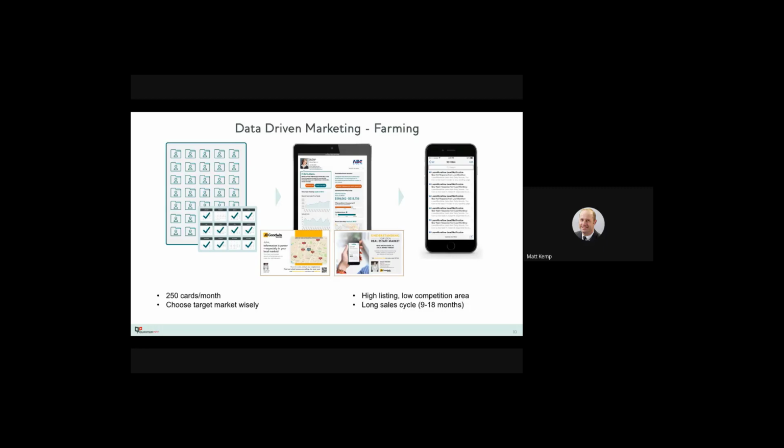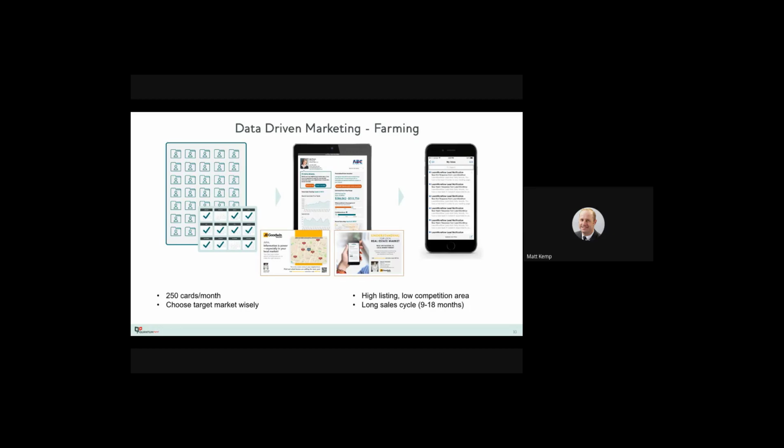The way the leads work is, as you can see on this card, there is a QR code and a URL that is specific to that address. So when I get this card and say, I want to understand my real estate market, I use the QR code and see what information it has to offer.